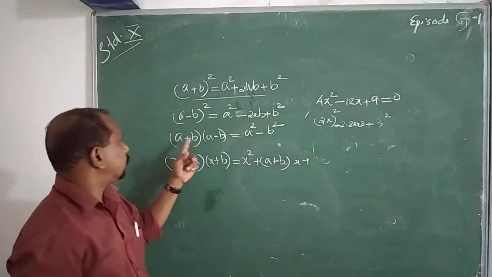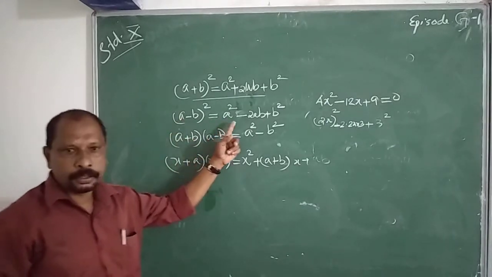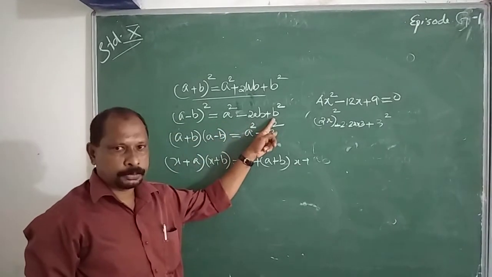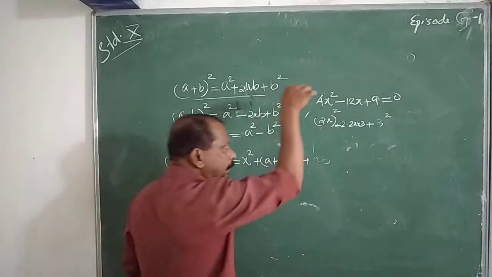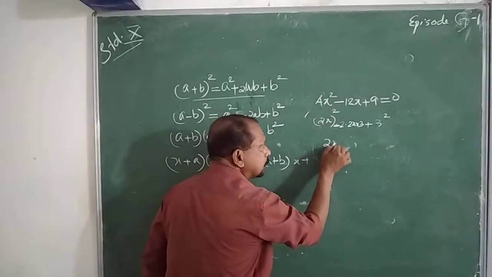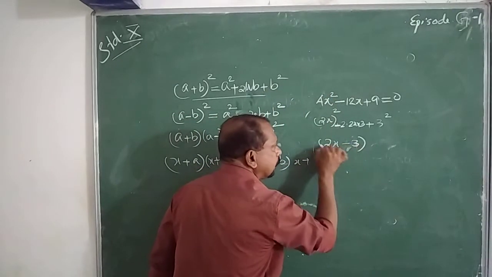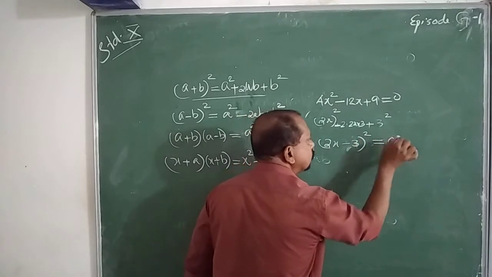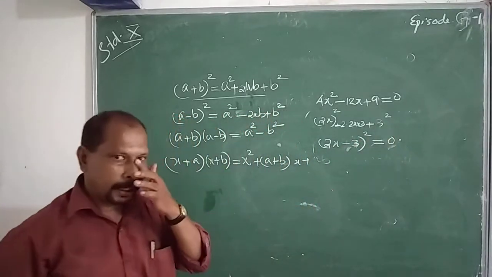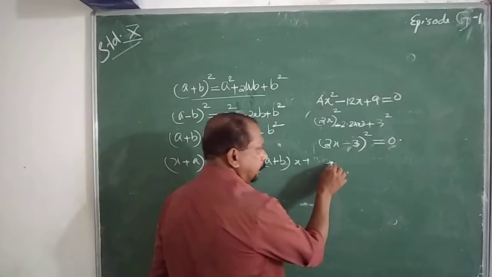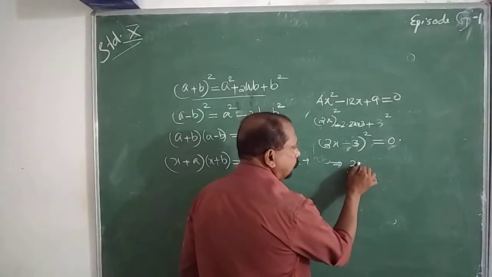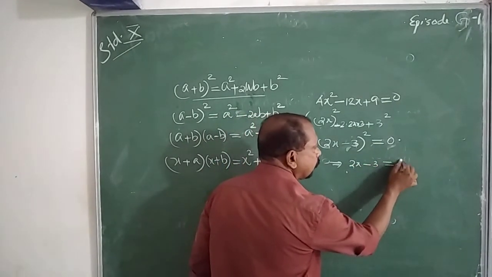That is of the form a square minus 2ab plus b square. Therefore, it is 2x minus 3, the whole square, is equal to 0. Okay? Therefore, it implies that 2x minus 3 is equal to 0.